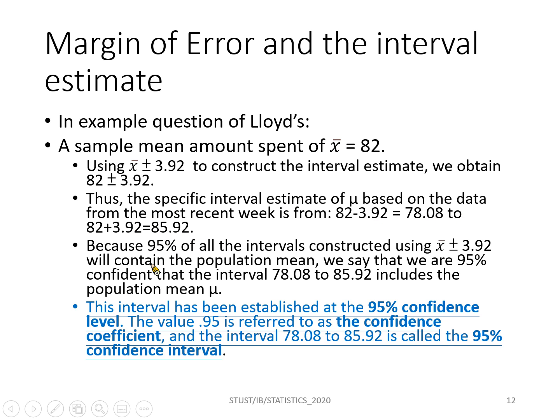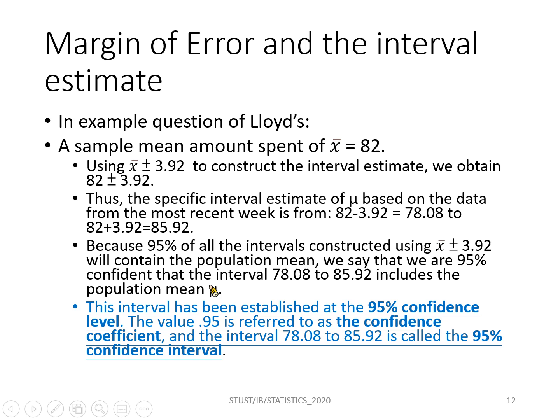Because 95% of all the intervals constructed using such a formula will include mu, we can say that we are 95% confident that the interval 78.08 to 85.92 will include the population mean mu.